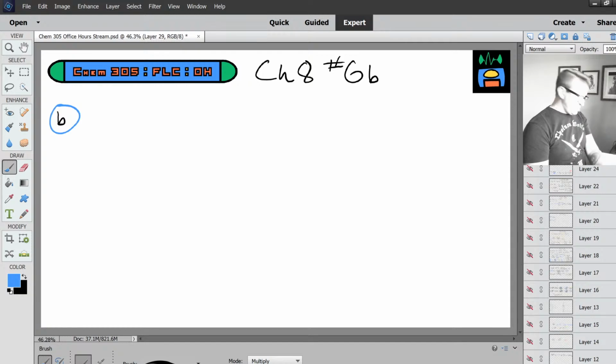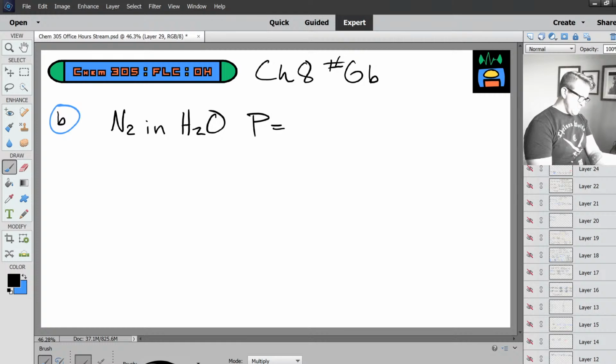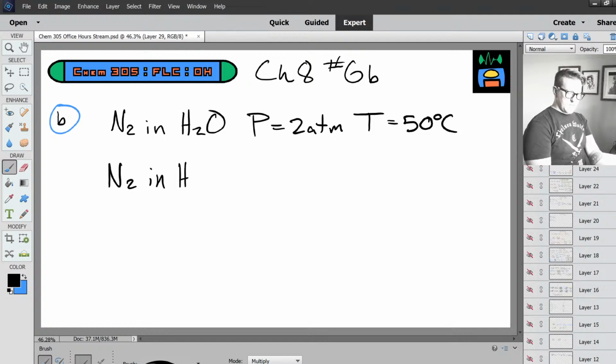We're told that we have nitrogen gas in water, where pressure is 2 atmospheres and temperature is 50 degrees Celsius. And the second one, still nitrogen in water, where the pressure is 1 atmosphere and the temperature is 70.